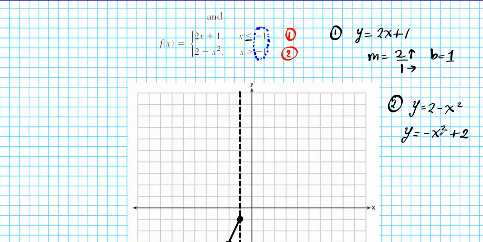Okay, so this is a quadratic function that has been flipped downwards and shifted 2 units up. So if you just shift a quadratic 2 units up and flip it down, it's going to look something facing downward. Okay. All right, so that's just a general pattern.